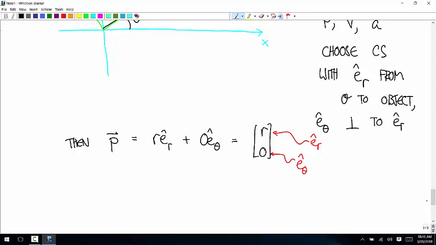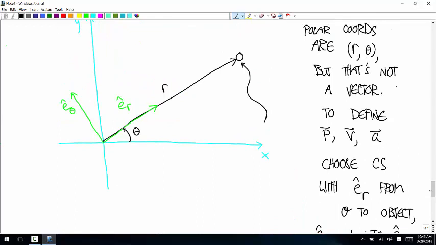But the problem is, as this object moves around, that coordinate system moves around with it. Okay, and so this is a rotating coordinate system. And so if we just took time derivatives, we'd be calculating the observed velocity and observed acceleration, but not velocity and acceleration that you could use with Newton's laws.